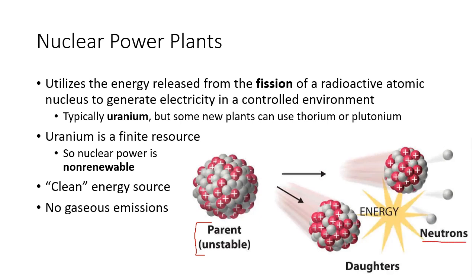This is going to release a lot of energy. And if you have not atoms, but pounds, tons of this material, it's going to release enough energy to power a power plant. These neutrons are going to come out with extreme force and they're going to strike other radioactive isotopes, other parent isotopes, and they're going to break those apart.